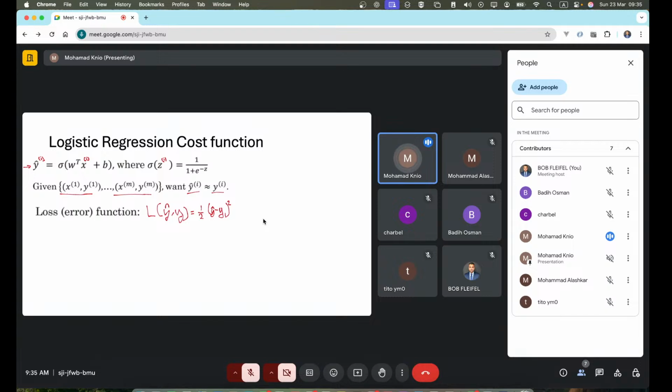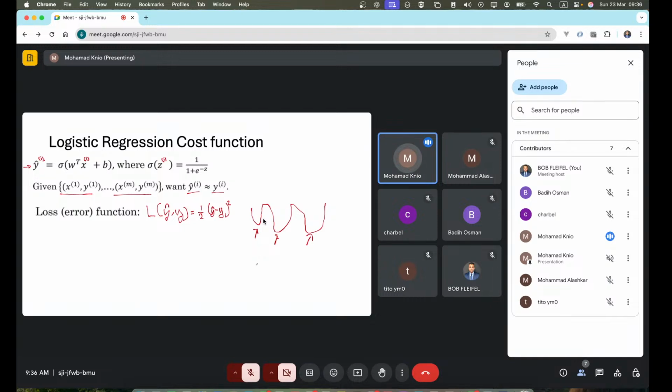So you end up with an optimization problem with many local optima. You'd have it going like this, and you can see that we have a lot of local optima, and it is not convex. This is an example of a non-convex solution.